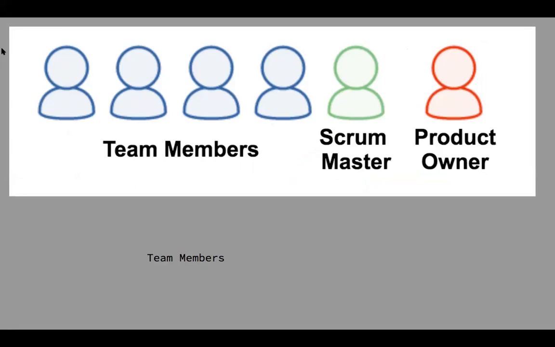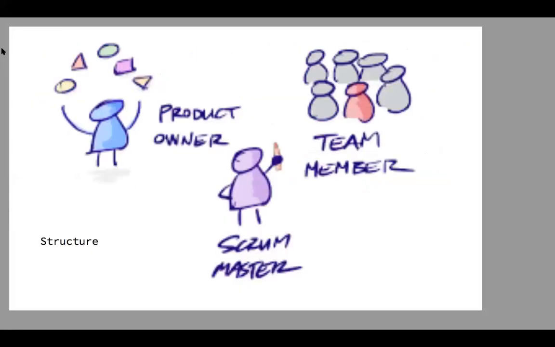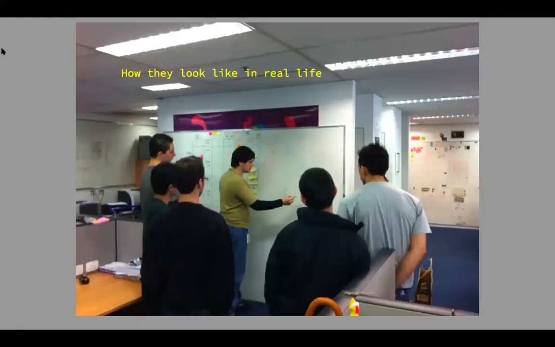I'm going to go into depth on each one today. This illustration will ring a bell later, and it'll make a lot of sense really soon in terms of the structure.